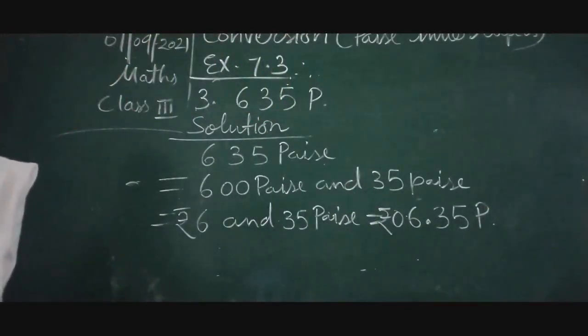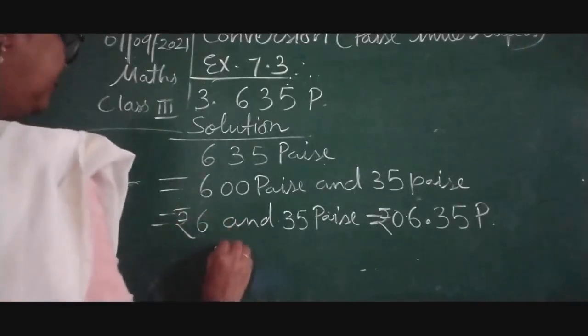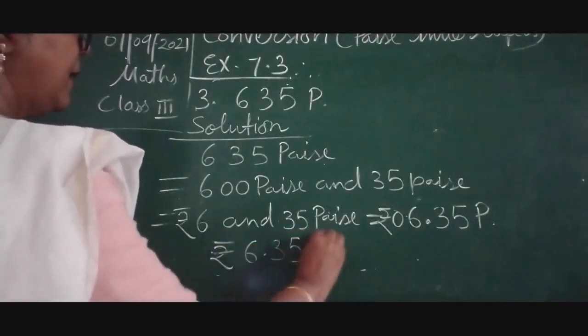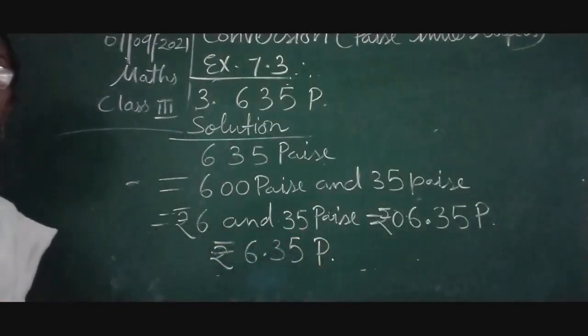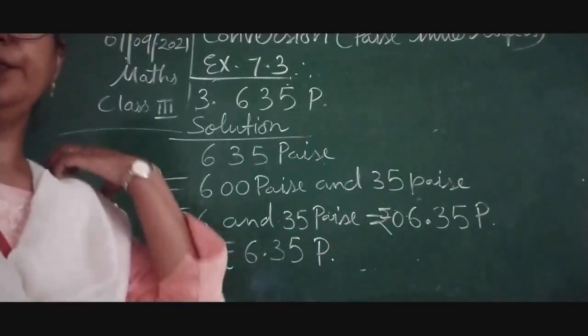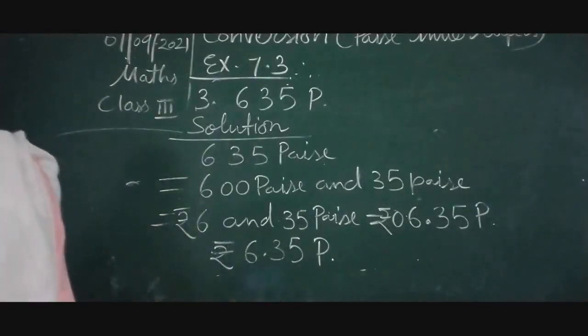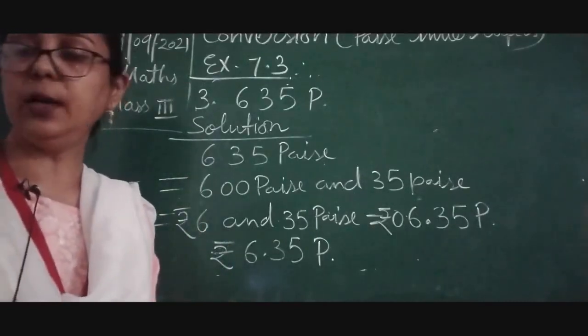So complete it. Rupees 6 और 0 आप नहीं लगाना चाहते, just don't write 0. If you don't want to write 0, you can remove this 0. You just write rupees 6.35 paise. Okay, so that is how you can do our third number. Now children, after that we will do number 4.